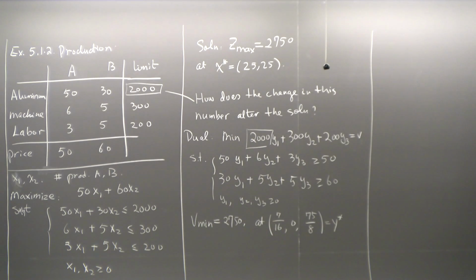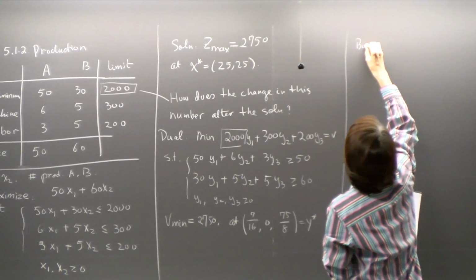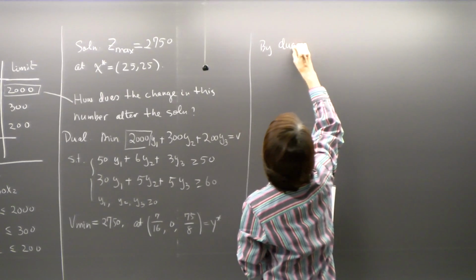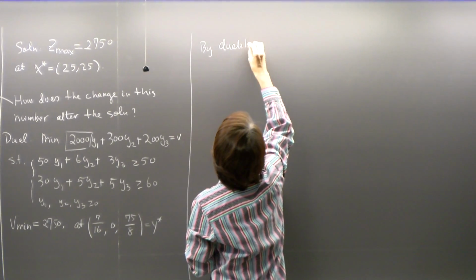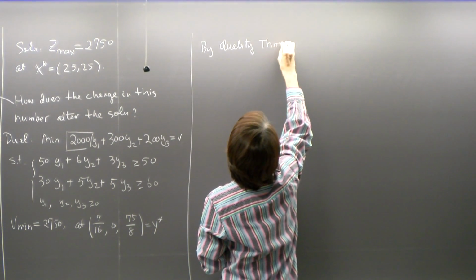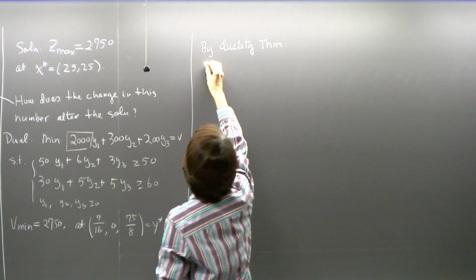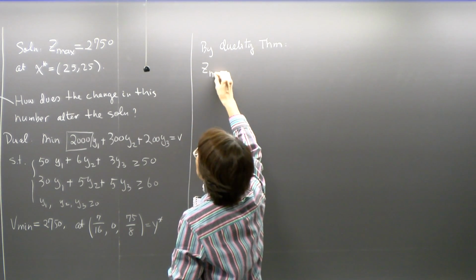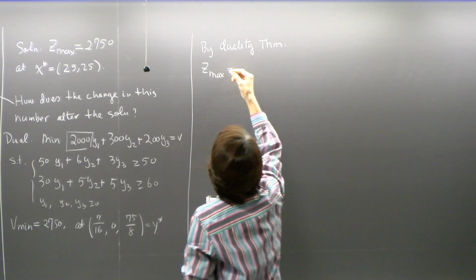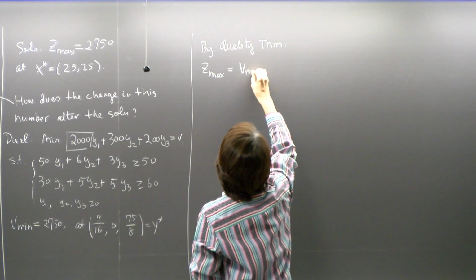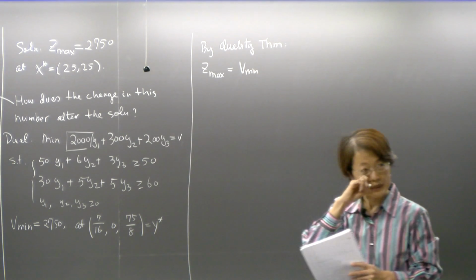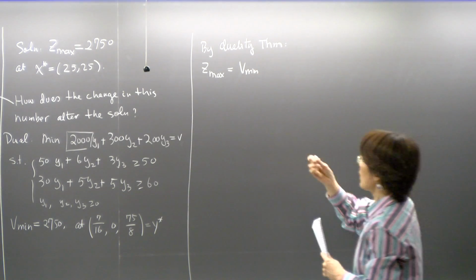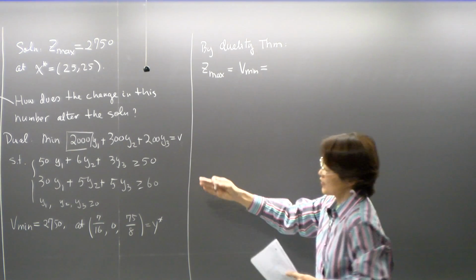Now I can do the following analysis. Okay, so I apply duality theorem. The duality theorem says the maximum of the z equals the minimum of the v. Is that right? So how did I compute the minimum of this v?